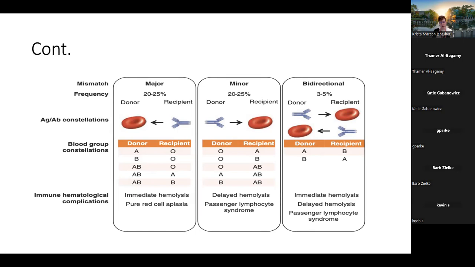For the major ABO incompatibility, we can see it for a donor with AB to O, A, and B. Also in the bidirectional ABO incompatibility, this is usually seen in a donor with A giving to a B recipient, or the other way around.